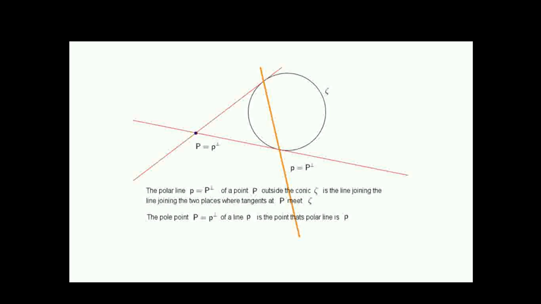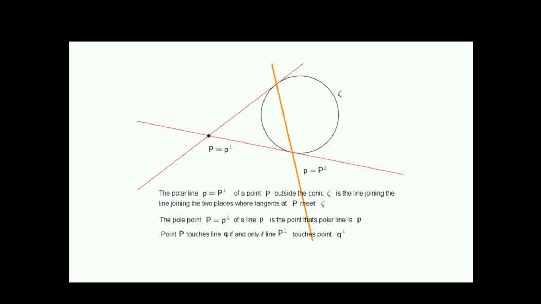So the most important quality that these pole-polar relationships have is this very important one here, which says that if we have a point P and a line Q, P is going to touch Q if and only if the perp of P touches the perp of Q. So the perp of this point P is going to be this polar line, P perp, and the perp of this line Q is going to be the pole, Q perp.